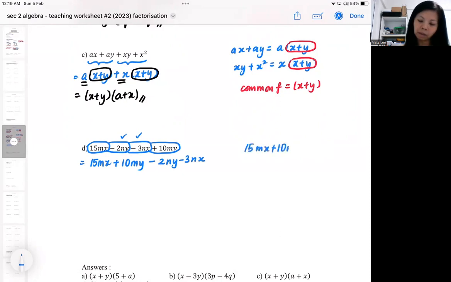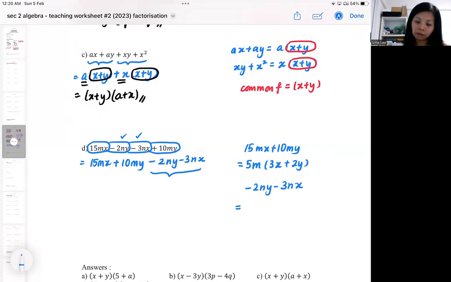So I'm going to try the 15m first. 15mx plus 10my, I do see a common factor. I do see a 5m. So I will get 3x plus 2y. And I'm going to try taking this part. This one is a little bit more tricky because there's a negative here. My common factor is actually the negative n.